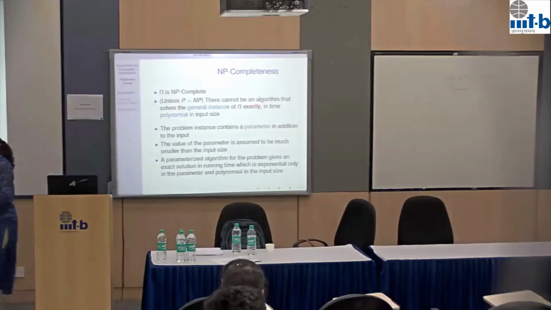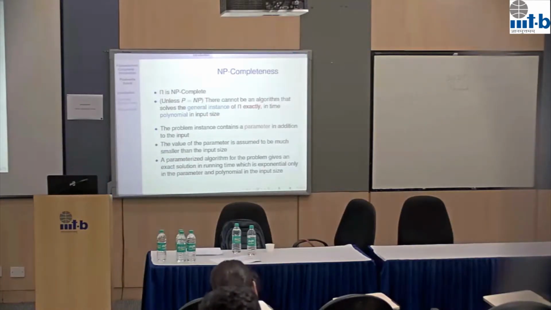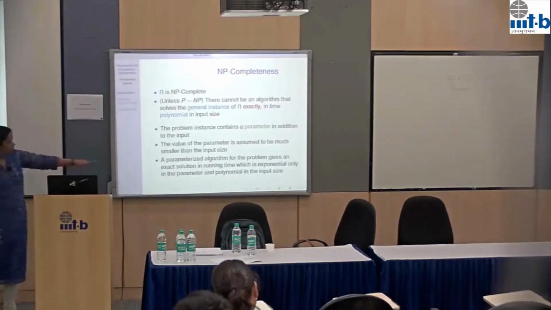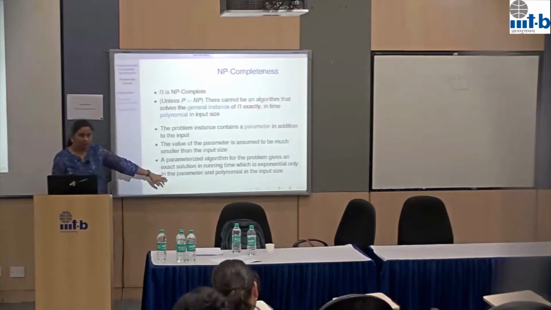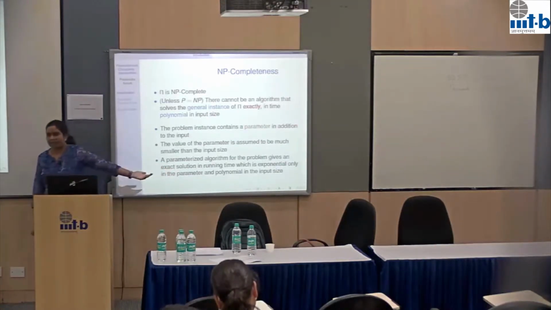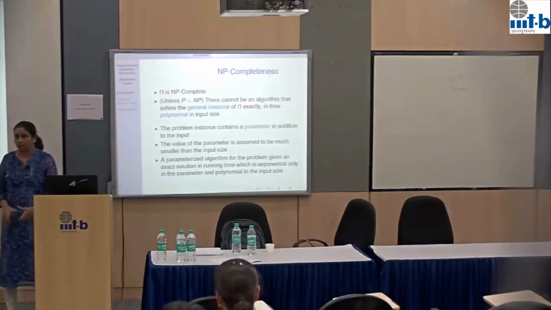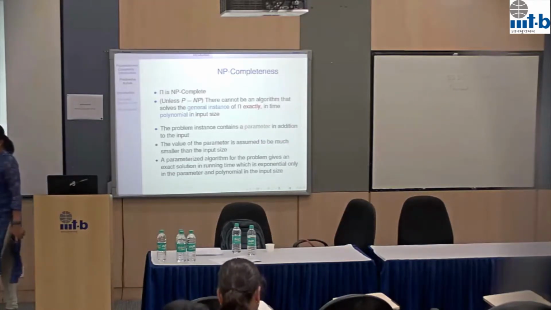So we get an exact algorithm that solves the problem in time polynomial in the input size, but exponential in the parameter. And why can I say that this is efficient? Because my assumption is that the parameter is small, right?